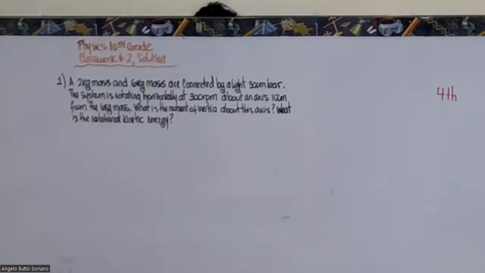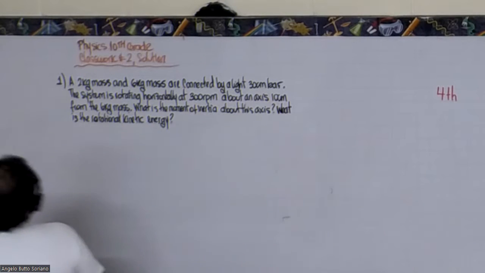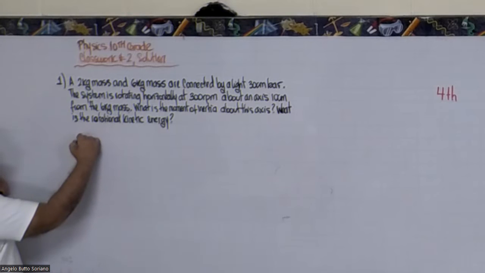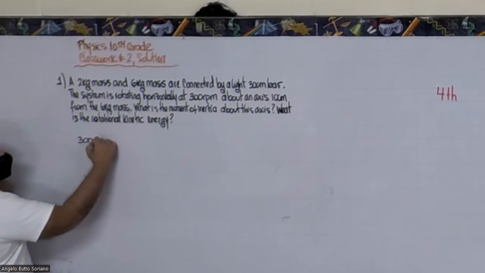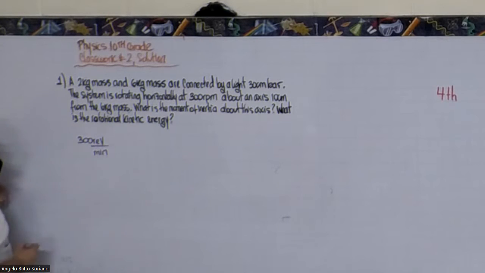For problem number one, the first thing that we must do, remember, the problem gave us a frequency of 300 revolutions per minute. We must change revolutions per minute into radians per second.